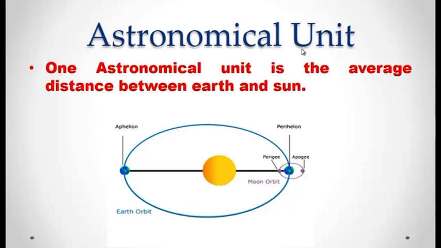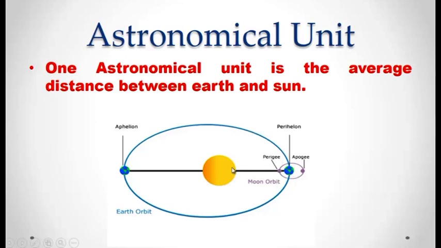In this figure you can see two positions of Earth in its orbit around the Sun: aphelion, the farthest distance from the Sun, and perihelion, the shortest distance from the Sun. So the distance of Earth from the Sun keeps on varying.